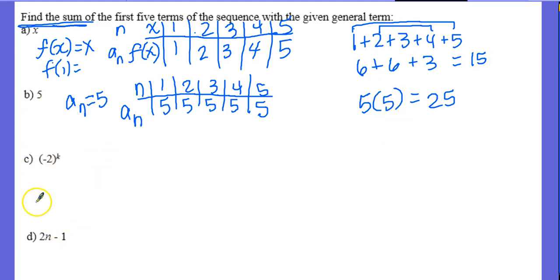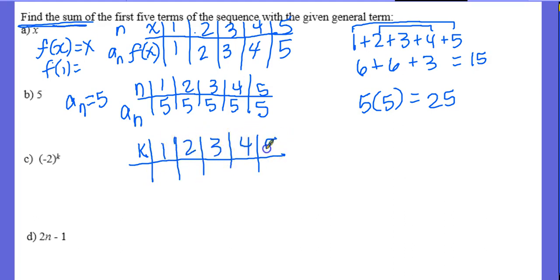So now we have C, which is asking us for the first 5 terms of -2 raised to the k. So this time it's k, not n, not x. Doesn't matter. We're going to plug in a 1, a 2, a 3, a 4, and a 5. We're going to get the a sub k, whatever that is.